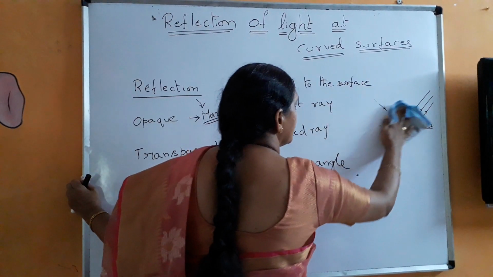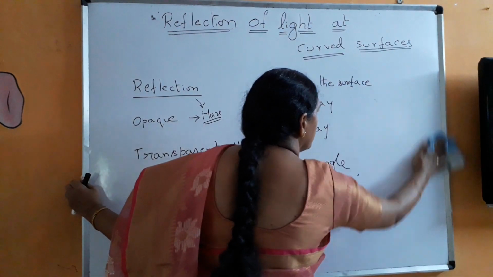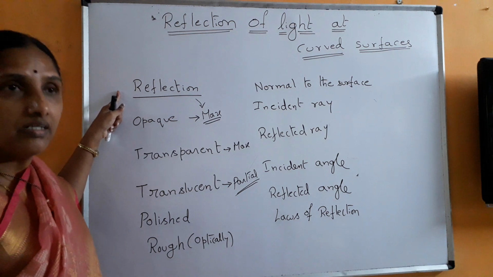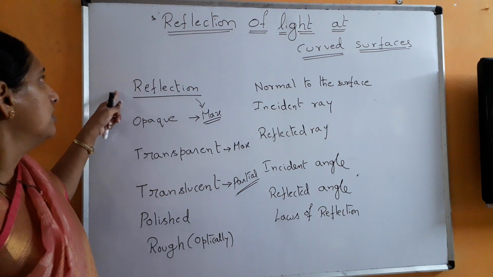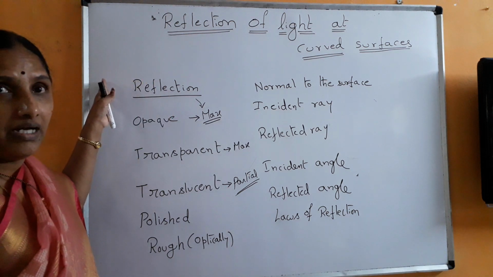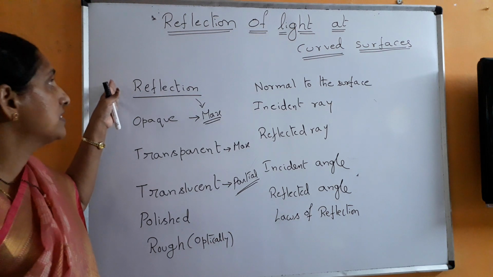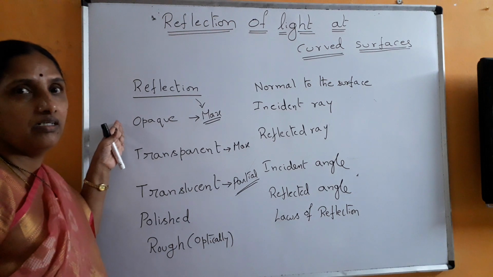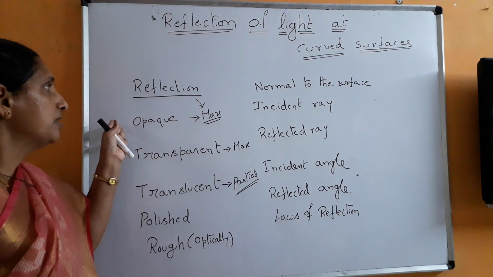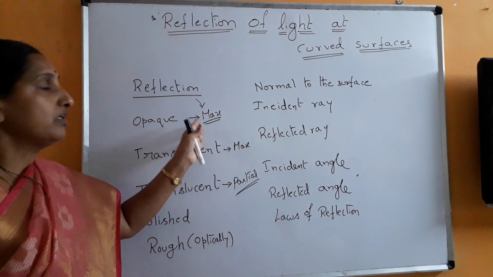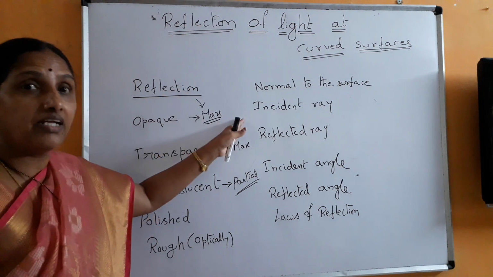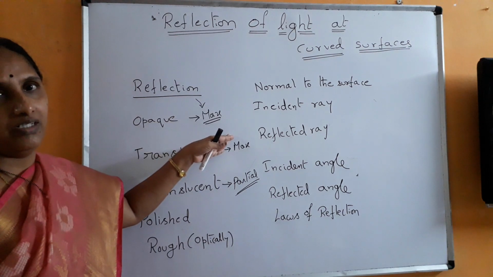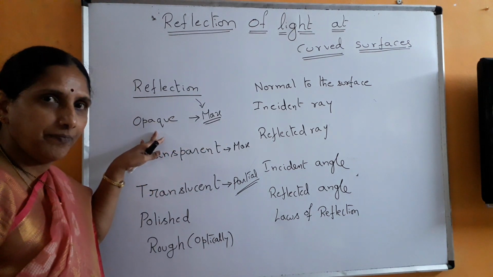So before that, again let me revise what we have recollected till now. Reflection, that is the light being returned back into the same medium after being incident on a surface. Opaque, when a surface does not allow the light ray to pass through it, or it reflects the maximum amount of the light, we call it to be opaque.